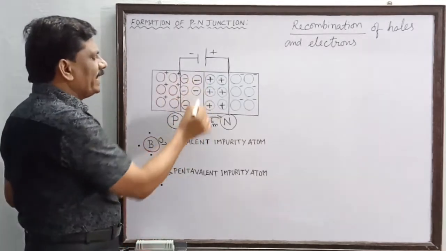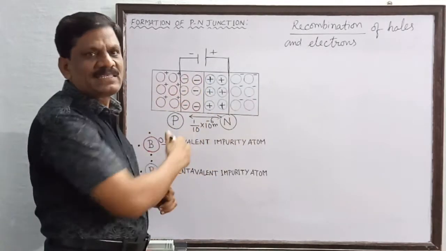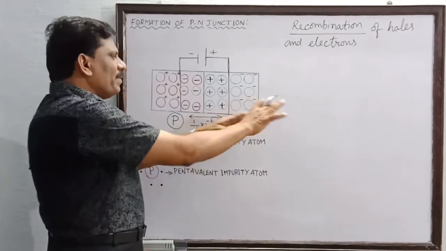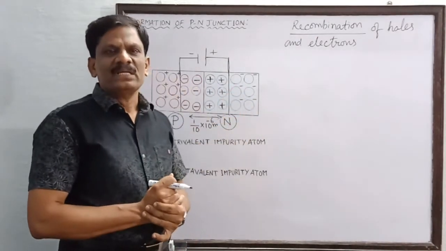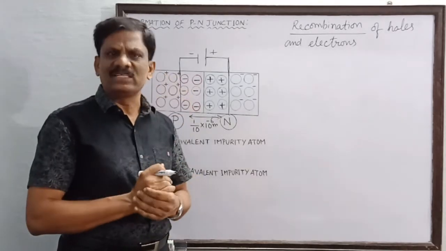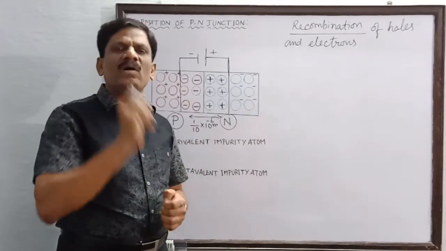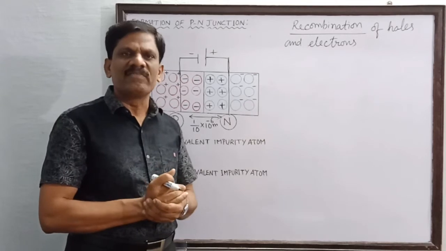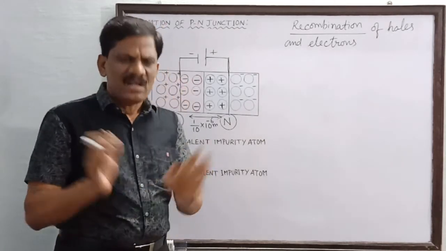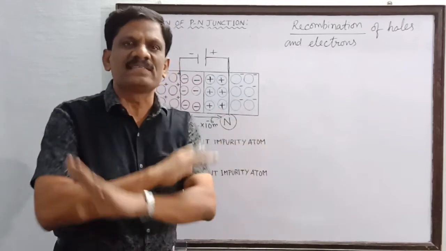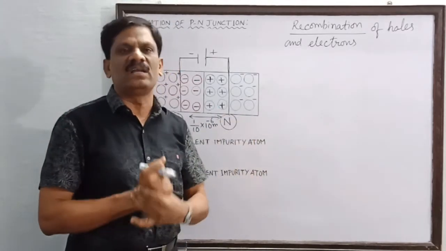Similarly, this negative potential space inside the crystal lattice will repel back the further migration or diffusion of the electrons. So all this will happen only for a fraction of a second and within a small region of 1 micron or 1/10 of a micron. Once this potential difference is established, further migration of charges cannot take place at all.